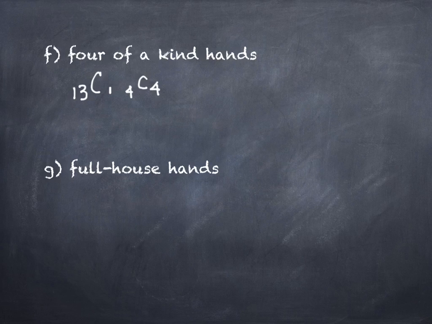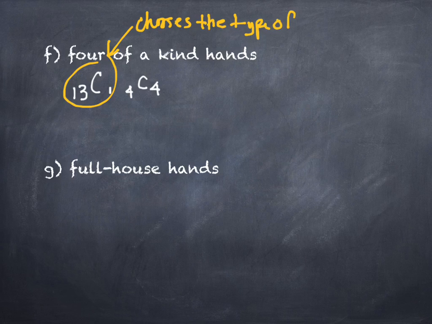So this chooses the type of card. And then this piece chooses all 4 of them.